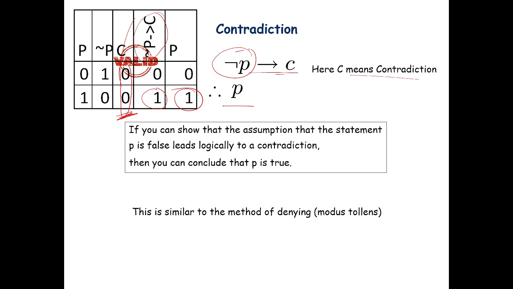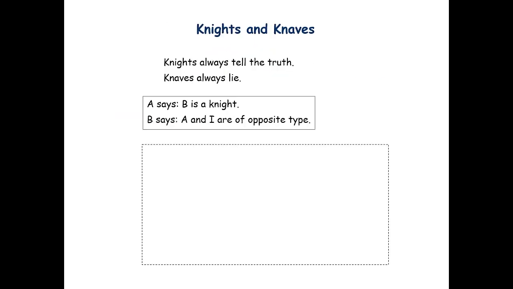In a way that not P implies not true, which means false, and you can see that not true means P. Yep, modus tollens.